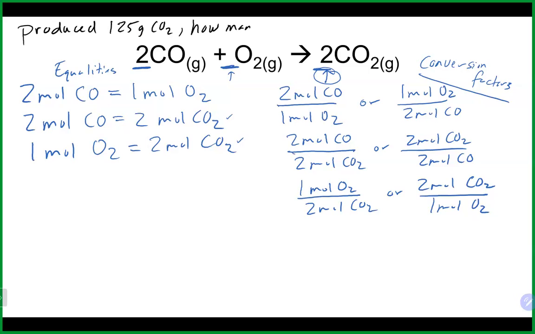How many grams of O2 did we start with? So obviously you could get all these equalities, all these conversion factors from this problem, but we want to think about this as being a stoichiometry problem, and we want to follow our steps.